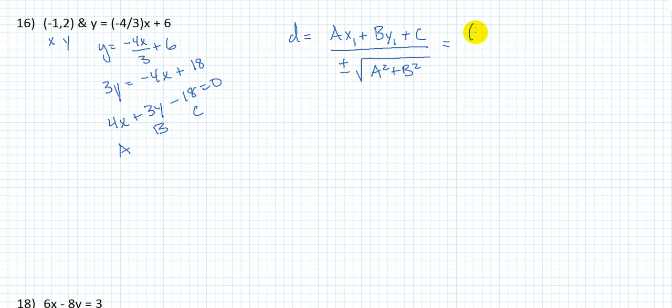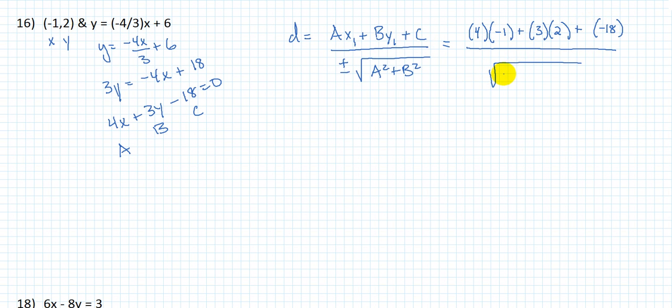So A is 4, x1 is -1, plus B, which is 3, times y, which is 2, plus C, which is -18. And then if that's negative, we could just leave this as positive.